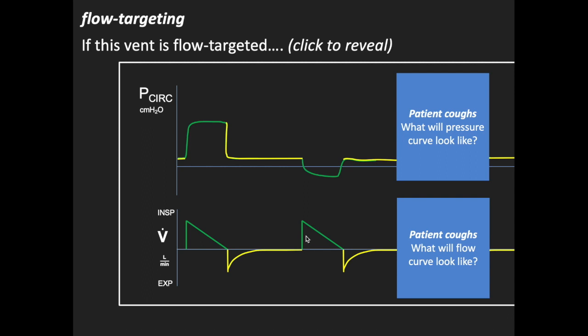What happened here is the patient sucked on the tube, and in order to keep the flow shape the same, the ventilator actually had to increase the resistance by shutting off one of the inspiratory valves in order to keep the patient from breathing in any faster than this, right?